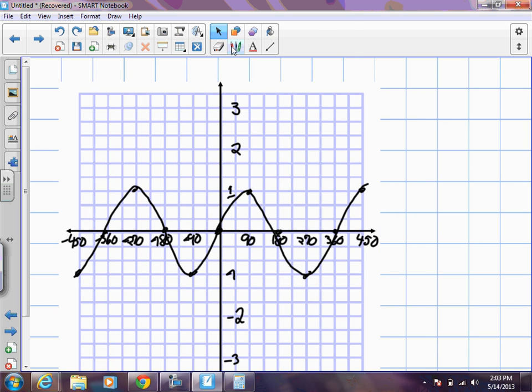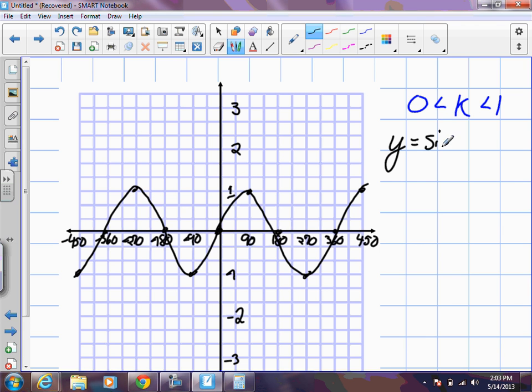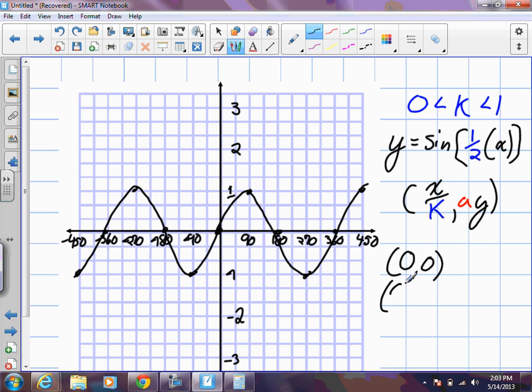This time we're going to use a value of K when K is less than 1 but greater than 0. Okay? So let's say we'll do y is equal to sine, and our K value is actually going to be a half. We're going to apply that same rule where we take our x and divide it by our K. We know that y would be multiplied by A. I'm just going to take the first 3 important ones and then continue our pattern from there. 180 and 0.